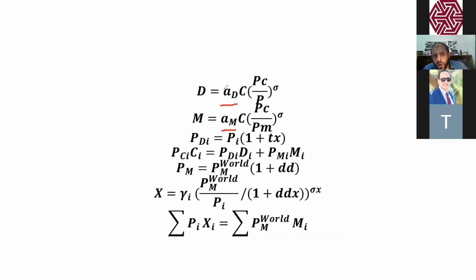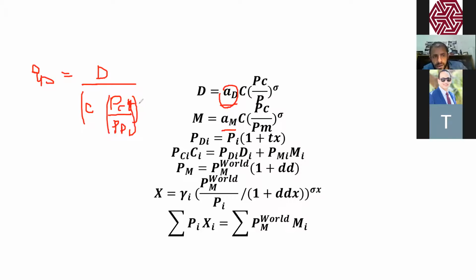And clearly, if we want to calibrate this term, we will simply write AD equal to D over everything that we have on the other side, which is C multiplied by PC over PD to the power sigma, right? So those are the scale parameters that we have here.